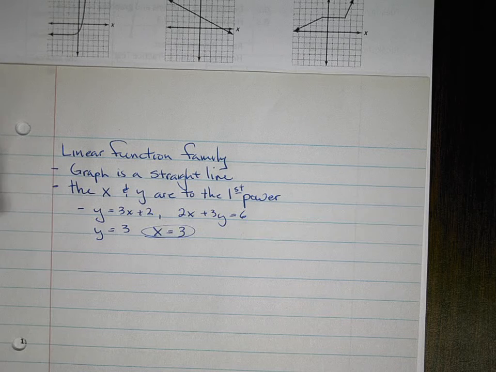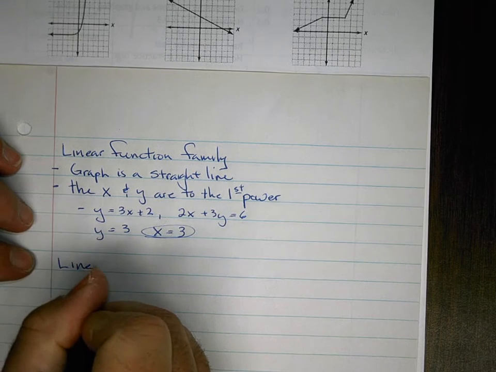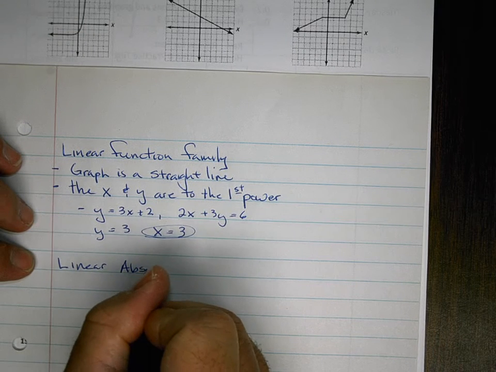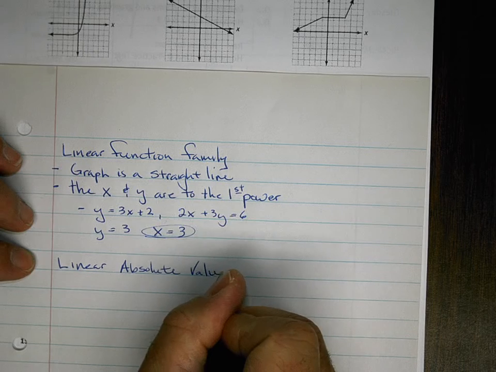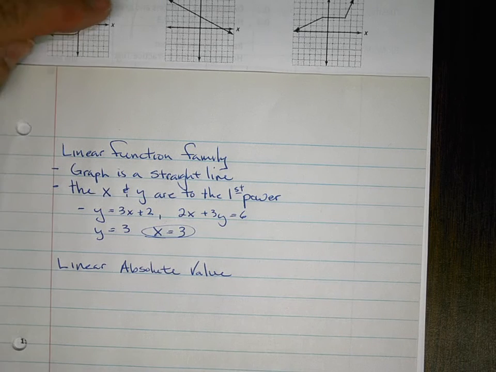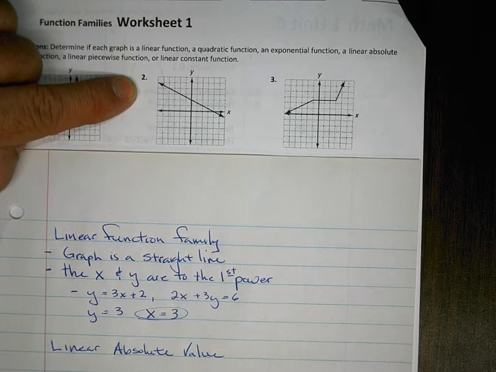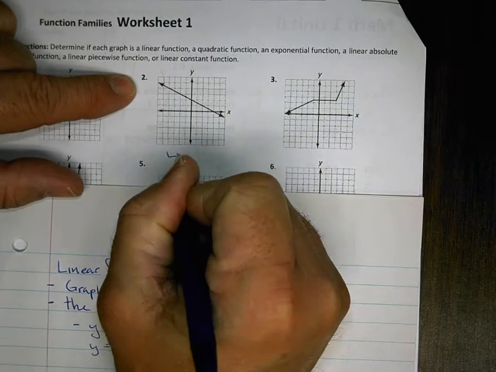The next one we talked about was linear absolute value. Okay, and by the way, I wanted to say number 2 up here was from the linear function family, wasn't it? This guy was linear.